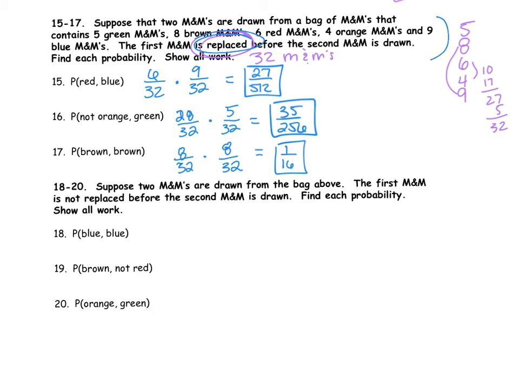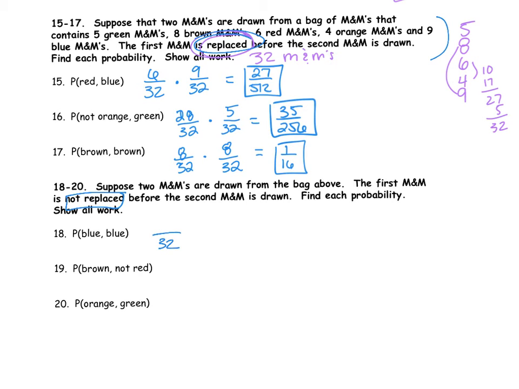So that brings me to 18 through 20. So we're talking about the same bag of M&Ms, but the first M&M is not replaced. So what happens in the first event affects the probability of the second. So the probability will change, meaning this is dependent. It's dependent on the first event. So number 18 on the bottom here, probability of picking blue.